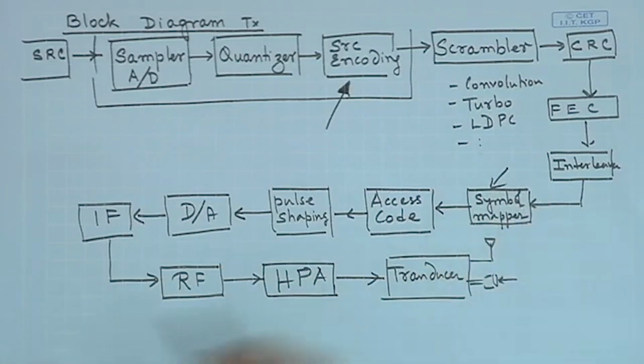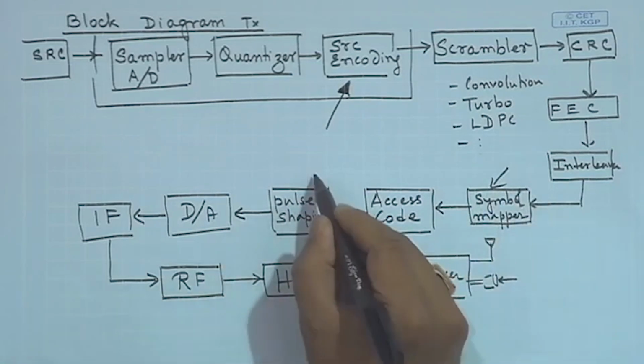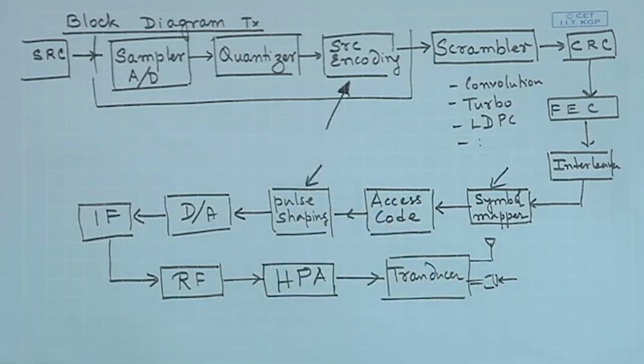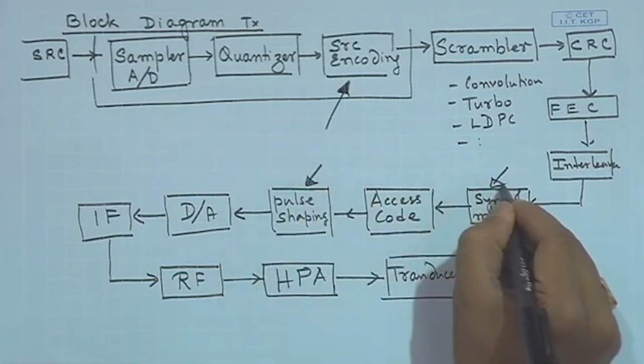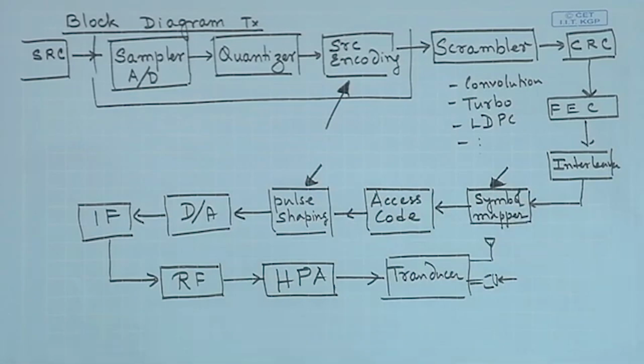Then we will move on to a symbol mapper, then we will look at pulse shaping. So, these are some of the important blocks which we will look at in the transmitter side. At the receiver side, however, we will not only look at the corresponding blocks of the transmitter, but also we will look at some of the more important functions of the receiver like synchronization, channel estimation, equalization, which will finally help us in designing the important parts of a basic transmitter receiver system.